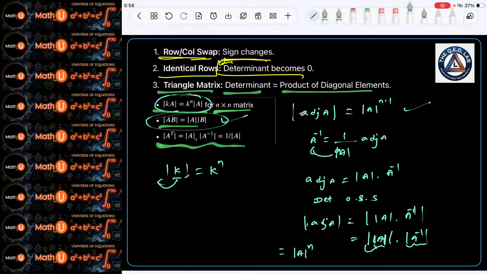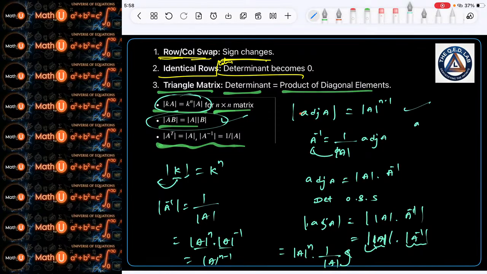And also, what is the determinant of A inverse? Determinant of A inverse is nothing but 1 by determinant of A. By that property we get 1 by determinant of A. If you take this into the numerator, we get determinant of A power of n into determinant of A power of minus 1. If the bases are same, powers should be added.